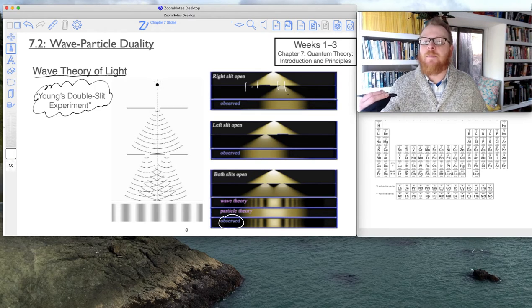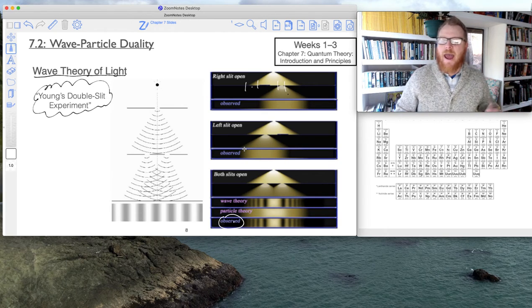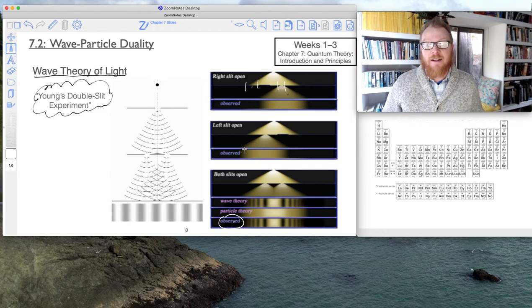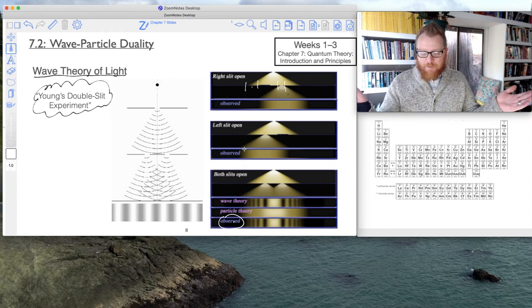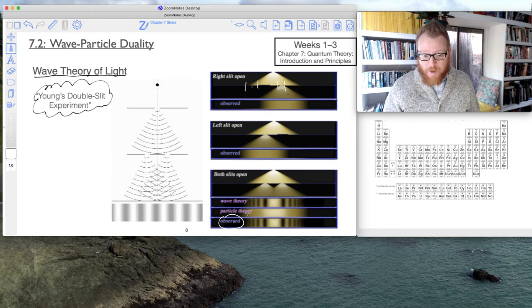So according to particle theory, when both slits are open, it should give us just the same observation as when the two individual slits were open. It's like if you imagine, instead of light, maybe it's water or something, right? You open up these two slits like floodgates, and according to particle theory, you should just see this continuous band.